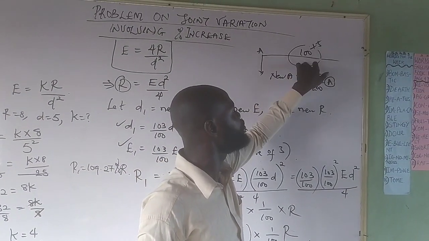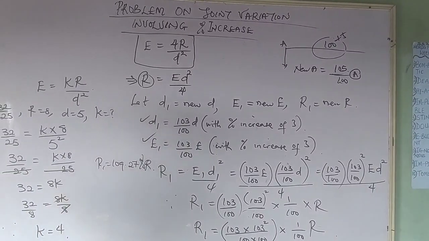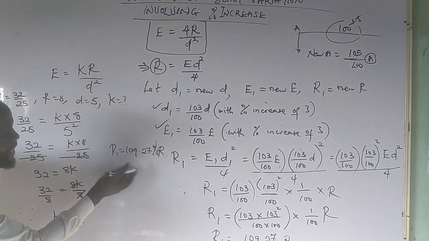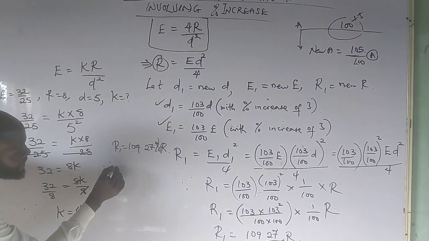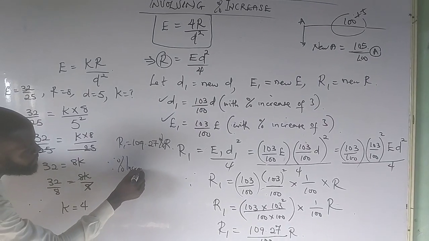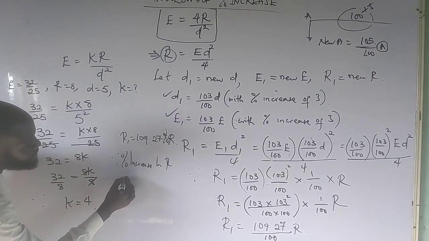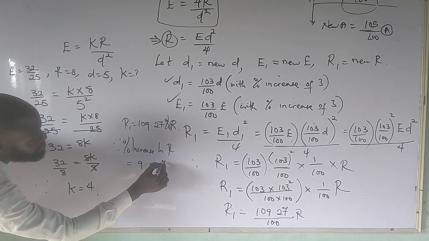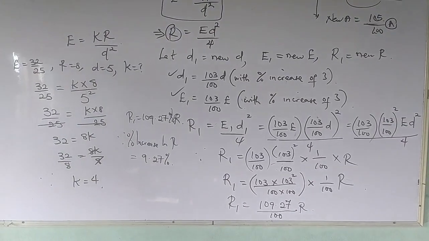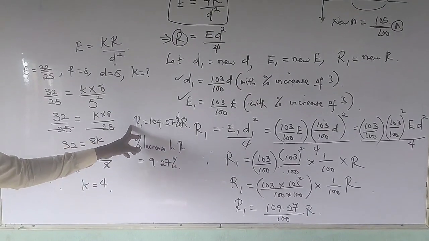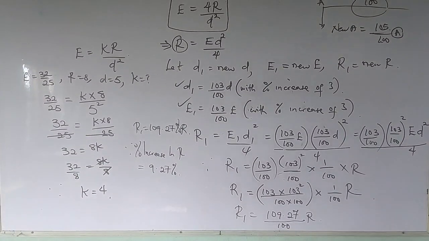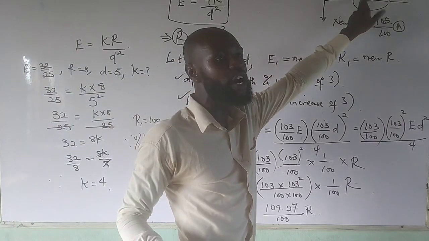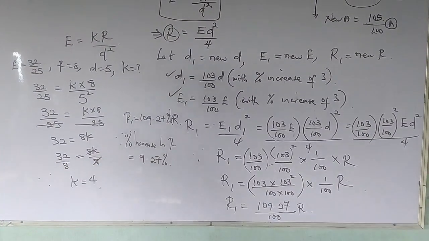So if you have 100 and you have 109.27, the increment, which is the percentage increase here, is simply 9.27%. The percentage increase in R, because the new R is 109.27% of the old R. So the increment is just this additional value to 100, which is 9.27.